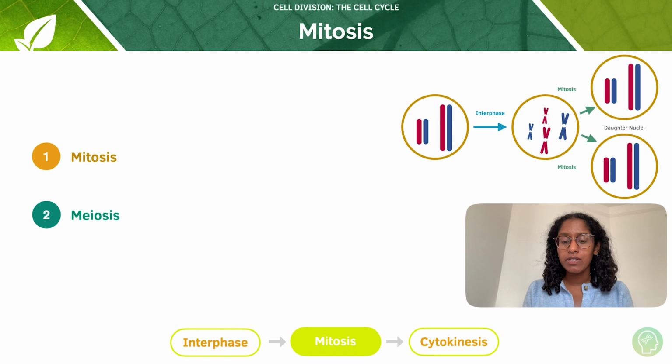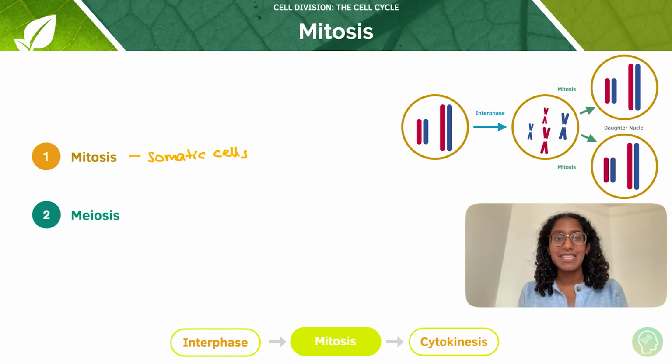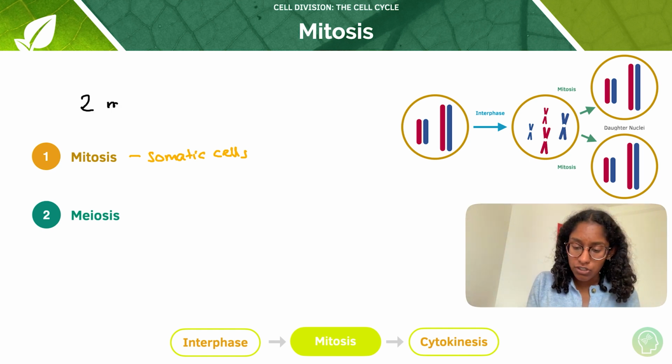So this is really unique to mitosis, which is one type of cell division. And mitosis occurs in cells called somatic cells. So somatic cells are just a general term for the majority of dividing cells in an organism. Now, there are 2 main types of cell division.